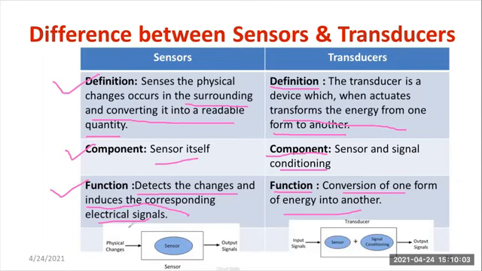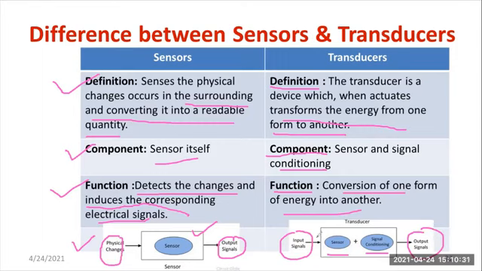Now, let us look at the block diagram of the sensor. As you can see, the sensor itself is an element. Based on the physical changes, you get the readable output quantities. That is exactly what happens in the sensor. But in case of a transducer, there is a sensing element and a signal conditioning unit. So the input signal is converted into a measurable output quantity, say in the form of an electrical quantity.